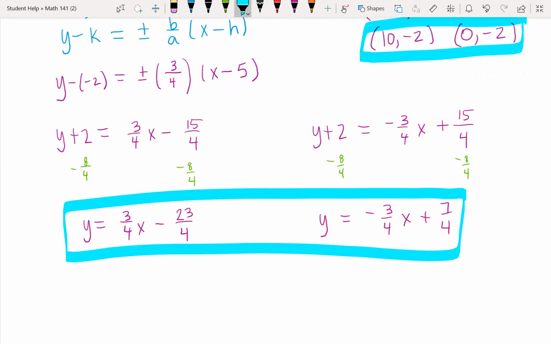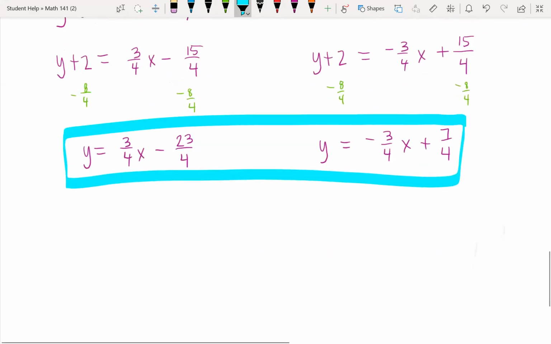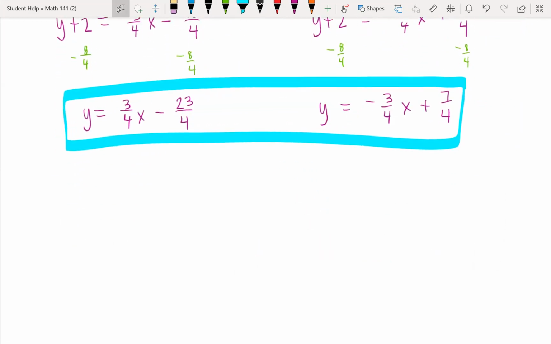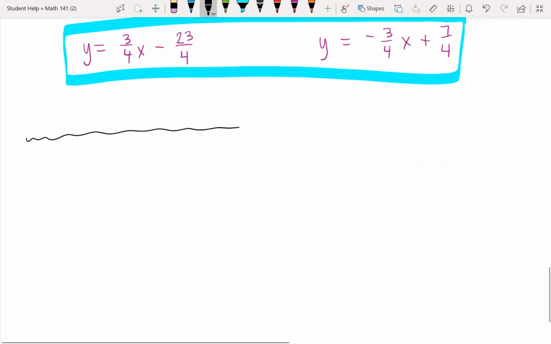Okay, I want to do one more example that has the hyperbola opening in the other direction, in the direction of y, and then also is sort of the most difficult problem you would see, where you've got the equation in standard form.